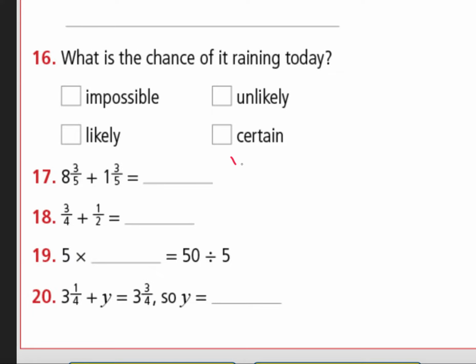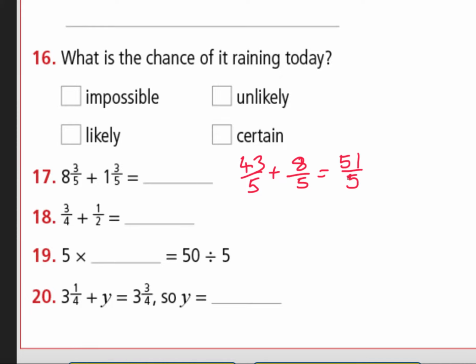And I'm going to get 43 over 5. I'm going to do the same for this one. 5 times 1 is 5, plus the 3 gives me 8 over 5. So now I have 43 fifths plus 8 fifths, and that is equal to 51 over 5.